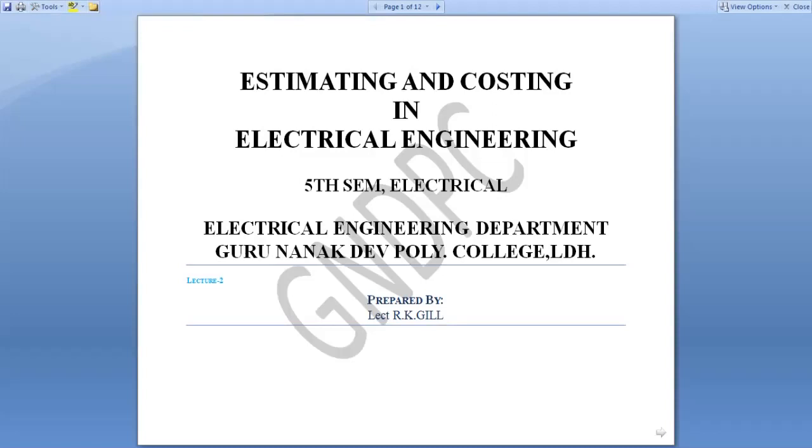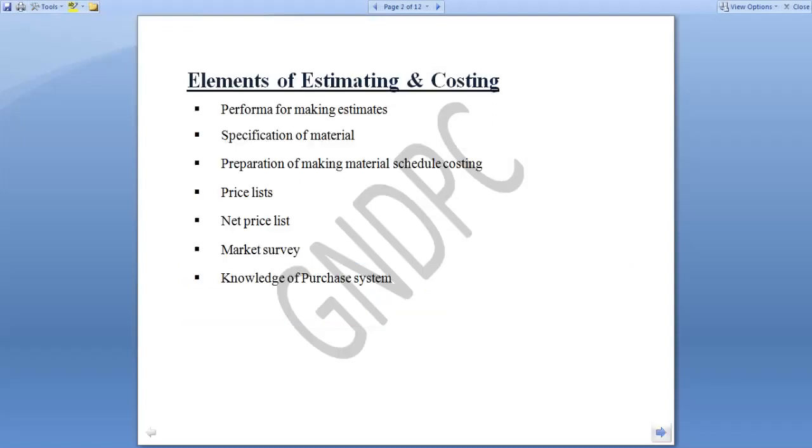We'll be discussing the essential elements of estimating and costing in this lecture. Now, after the approval of the proposed project, at the point of electrical project initiation, the knowledge of material required for that project and the estimate and cost involved is very essential in order to prepare the design details and the list of the material required for that project.